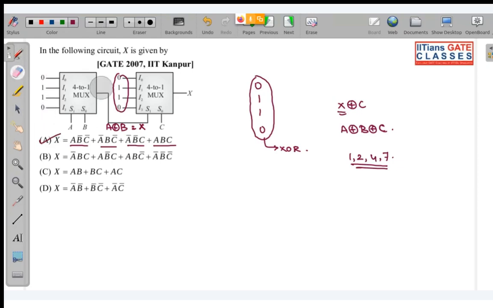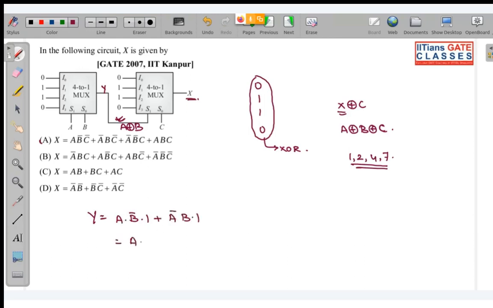So how can you do that? First you calculate the output of this, so that you will be calculating A XOR B. Then again using this you will be calculating X. Let me write this as Y. So first calculate Y. That will be A B complement dot 1 plus A complement B dot 1.